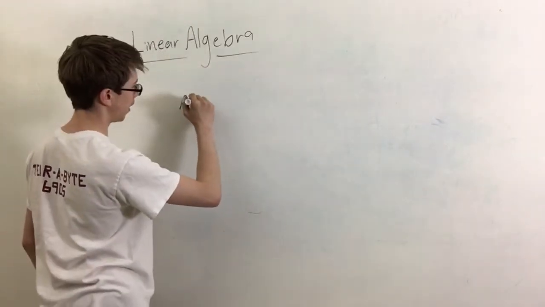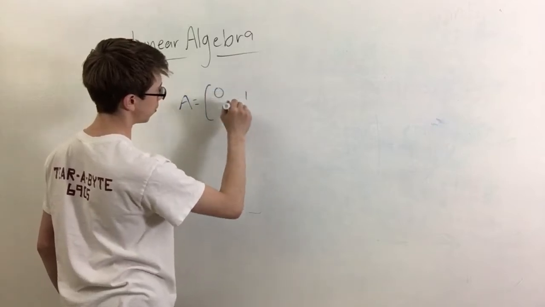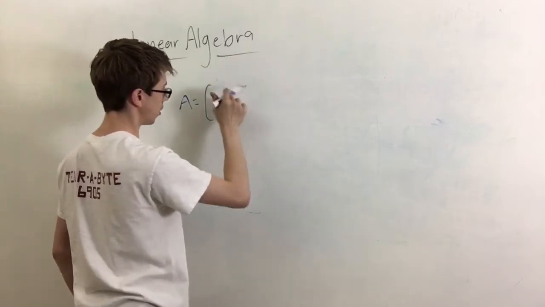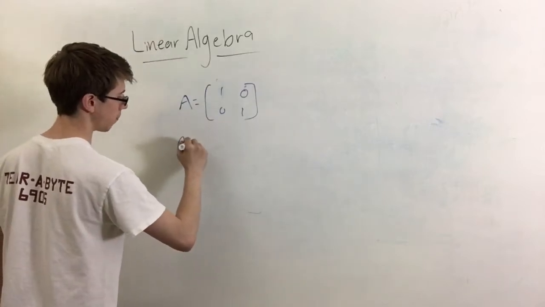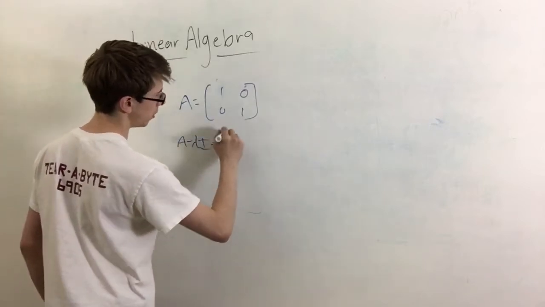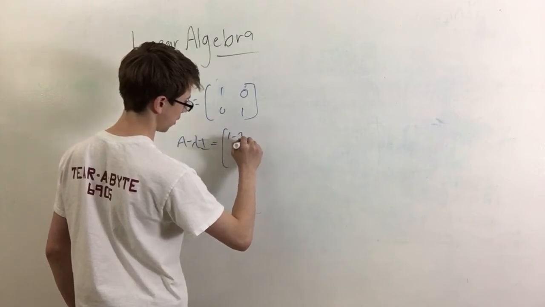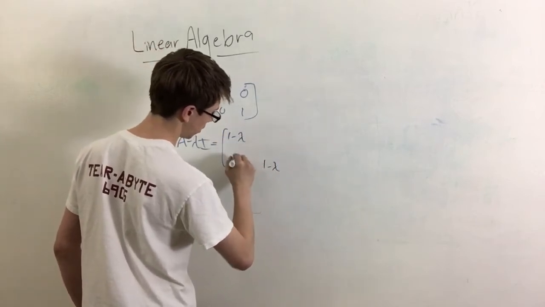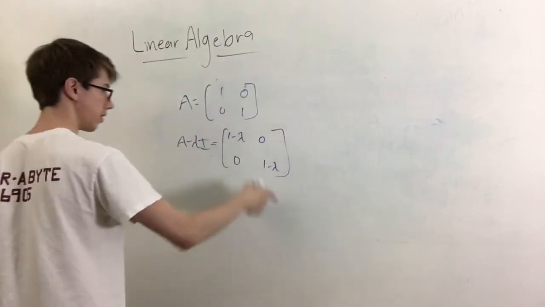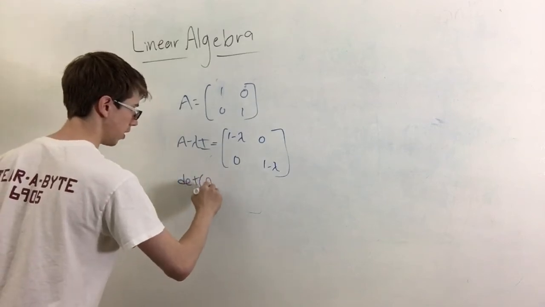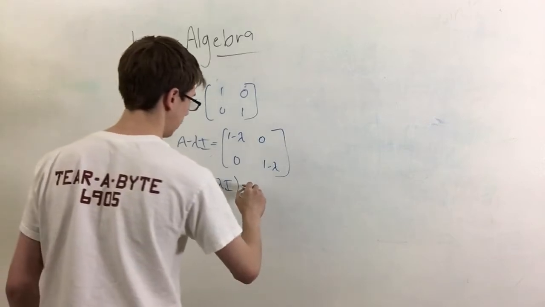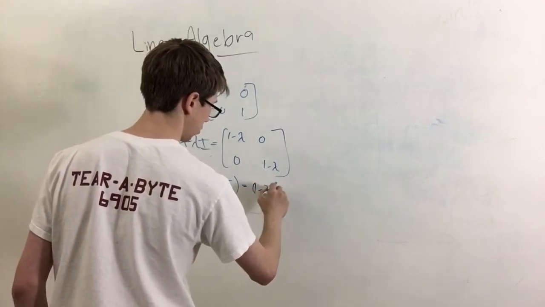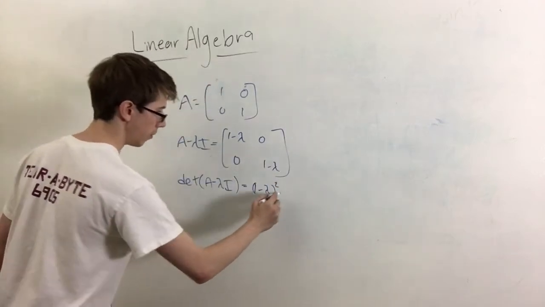So if I have A equal to 1, 0, 0, 1, then I know that A minus lambda I is going to be equal to 1 minus lambda, 0, 0. And then I solve for the determinant, so we know the determinant of A minus lambda I is equal to 1 minus lambda squared minus 0. We know that's equal to 0.